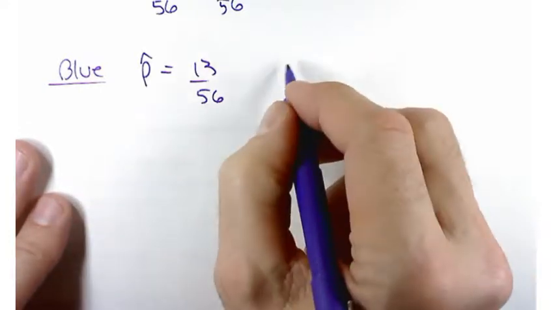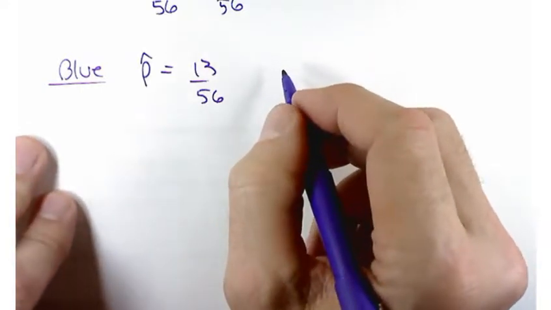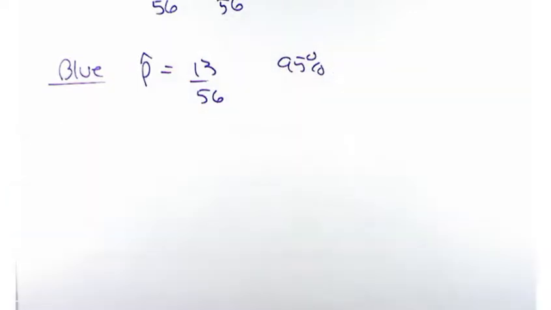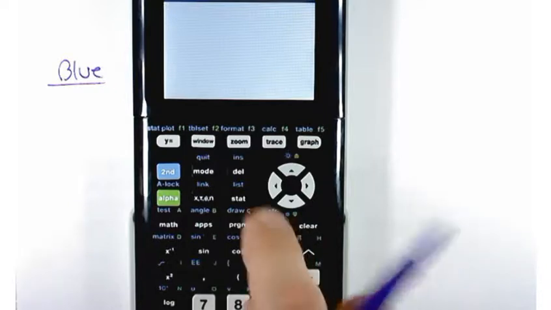Let's see, what level of confidence do we want? 95%? That's your standard one. That's where most people are going to be at, a 95% confidence interval. So what that's saying is that 95 times out of 100, this procedure will contain that true population parameter. So let's do that. I'm going to do it on my graphing calculator here.